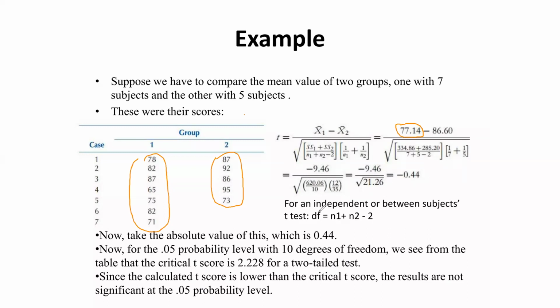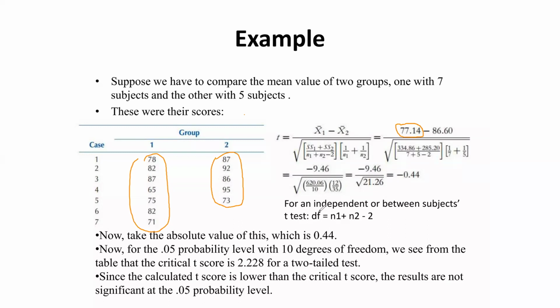And remember, for the independent test between the two groups, we need to get the degrees of freedom. And how did we calculate the degrees of freedom? We calculate the degrees of freedom by adding the number of samples for all the groups, and we subtract 2. And that is why we now take the absolute value of this.